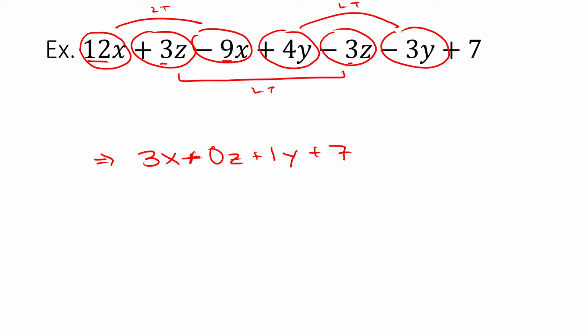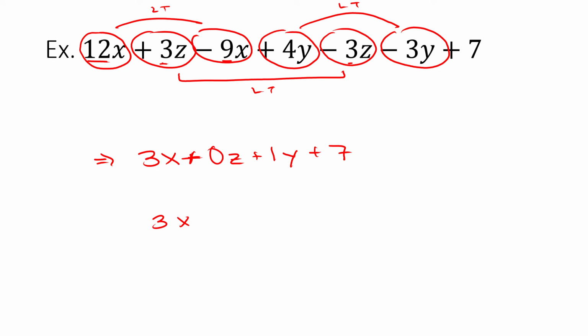So you might give me this as your answer already, but once again you can make it look a bit nicer. Here we have 3x, so we can leave it as is. Now here's the thing, 0z. My question is, do you guys remember the operation between 0 and z? It's multiplication, okay?